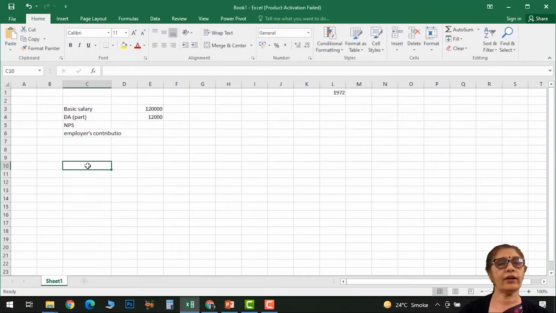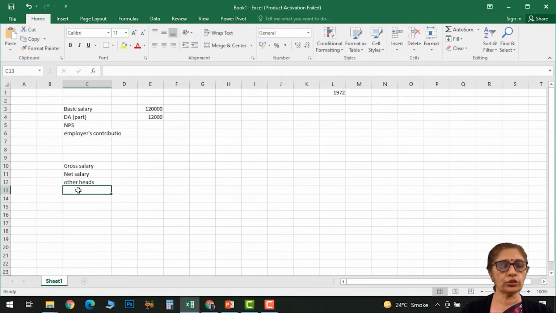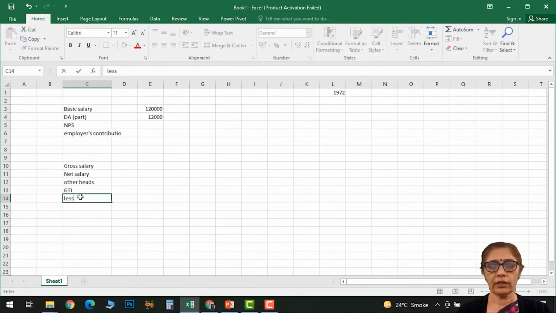So whatever figure of gross salary we happen to calculate, on this we shall first compute net salary, and on net salary we add income from other heads, whatever head it may be, when we have gross total income, GTI. And on this, now we give less deductions.